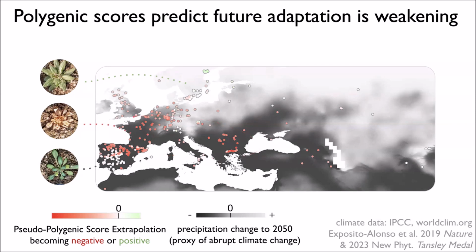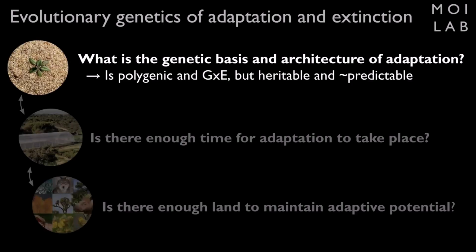And what we have seen is that populations in the transition zone from Mediterranean climates to temperate climates, which might right now be adapted to temperate climates, seem to have a lower polygenic score, meaning they might become maladapted in the future. And this coincides with a precipitation change in Europe that is decaying. So temperate regions are becoming more Mediterranean regions. For tourism, good. For Arabidopsis, maybe not as good.